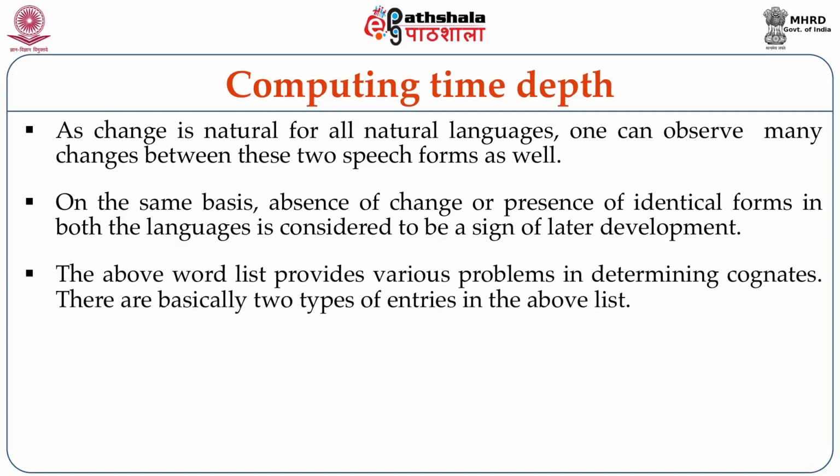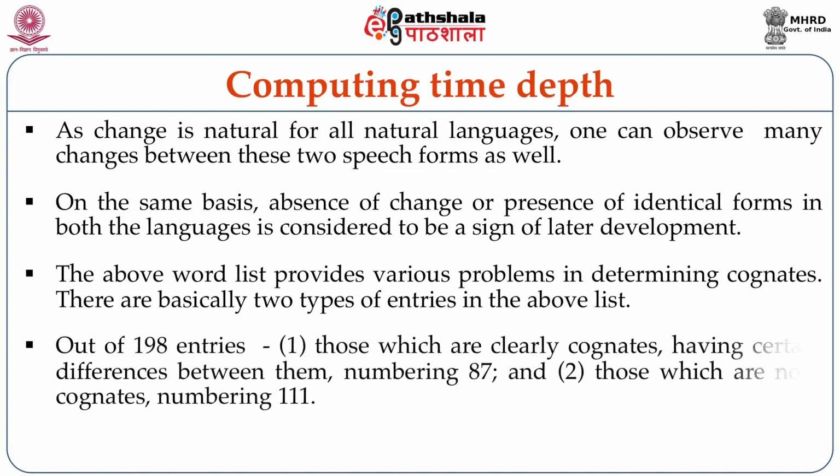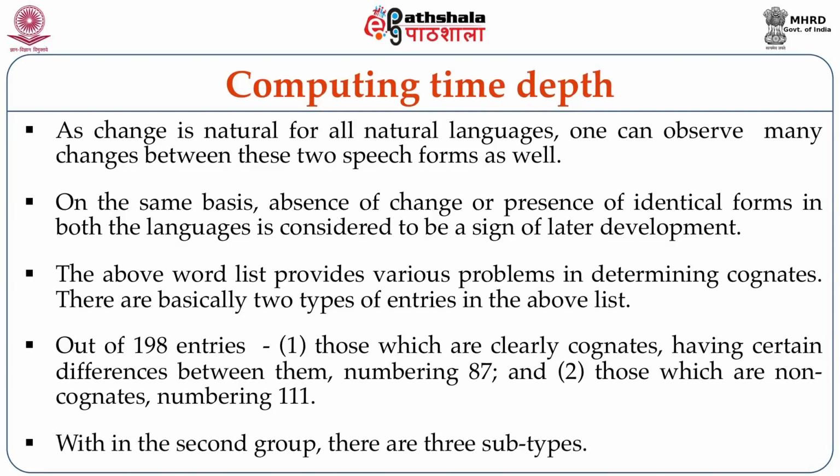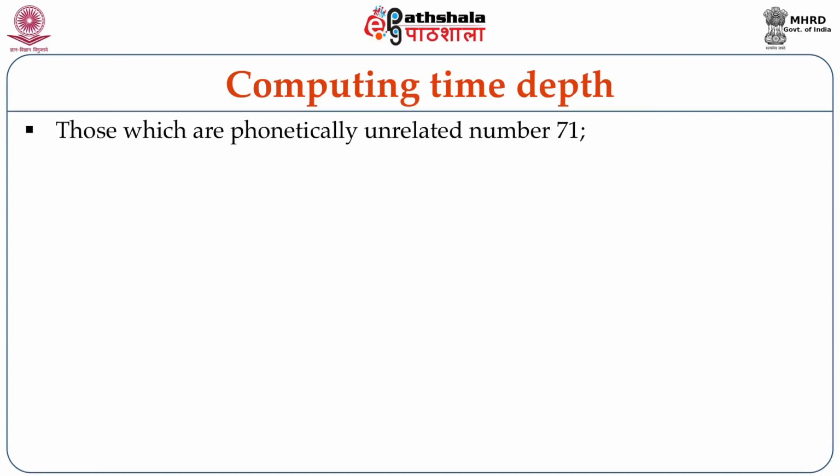The above word list provides various problems in determining cognates. There are basically two types of entries in the above list. Out of 198 entries, one, those which are clearly cognates having certain differences between them, that is basically phonetic differences, number 87, and two, those which are non-cognates, numbering 111. Within the second group, there are three subtypes. A, those which are phonetically unrelated, number 71.